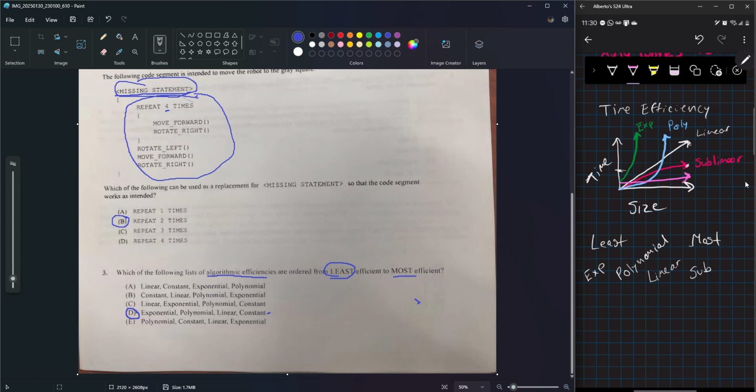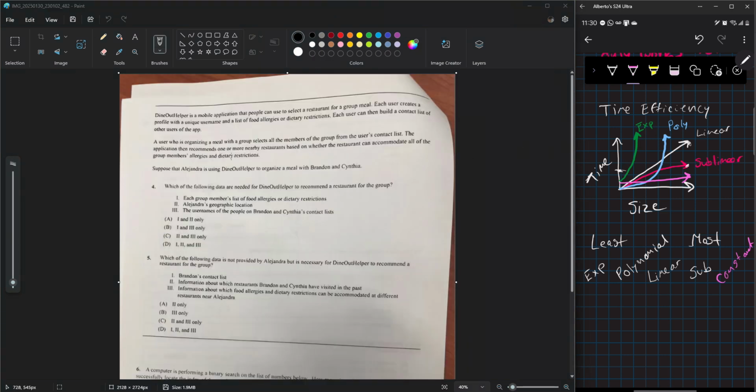It stays the same throughout, regardless of the size. So constant would be right here. It's the most efficient. So the order would be this one: exponential, then polynomial, then linear, then sublinear, and then constant. So it's D. So number 4.